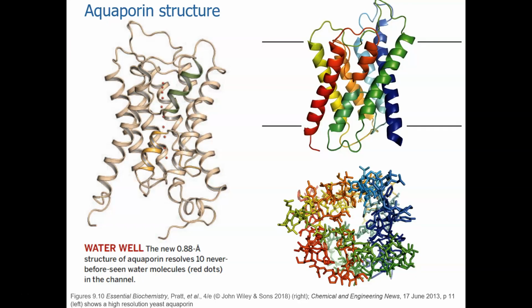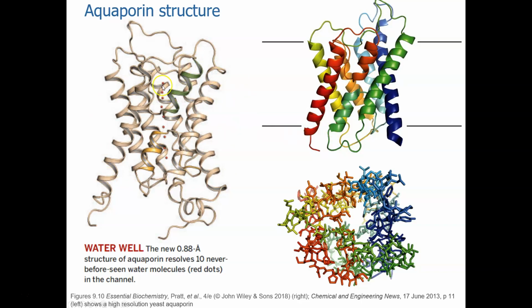So this is what the aquaporin structure looks like. There are a number of pictures right here. What's interesting is that this protein traverses the membrane via these alpha helices. This is kind of interesting right here in that this looks like a single alpha helix, but it's actually different domains of the protein.